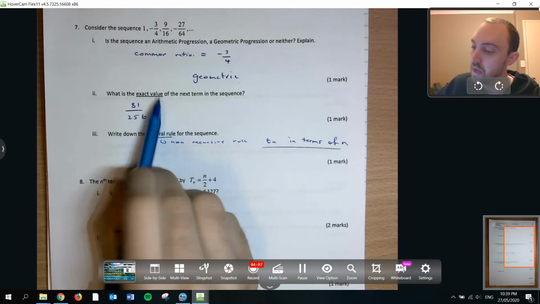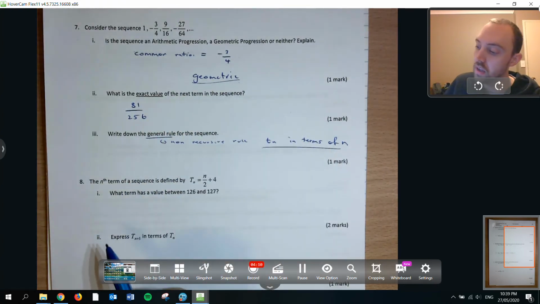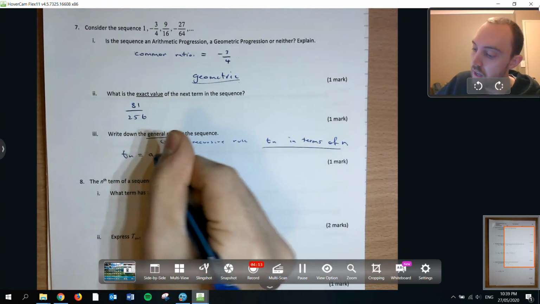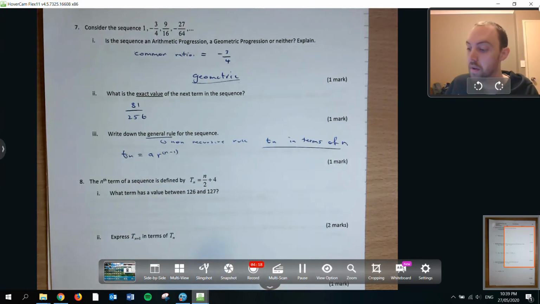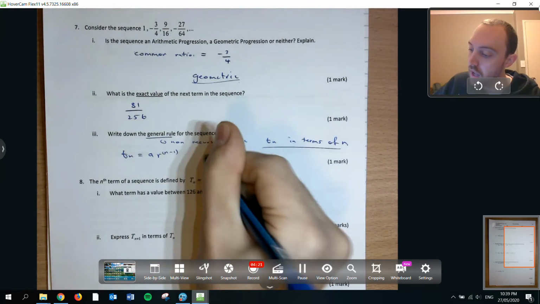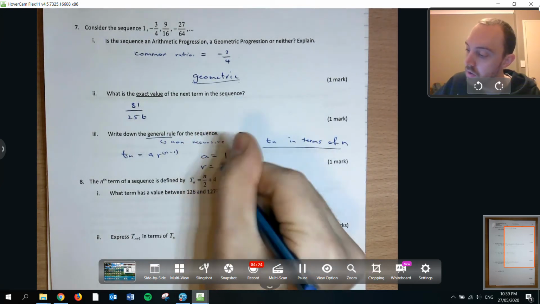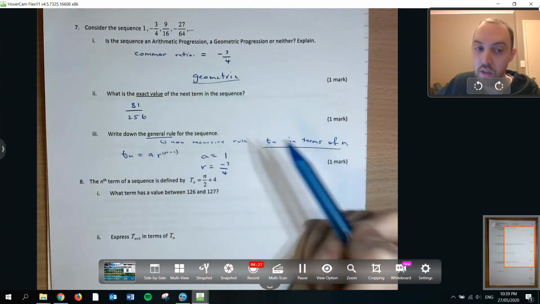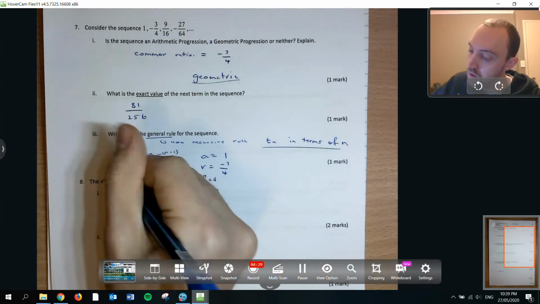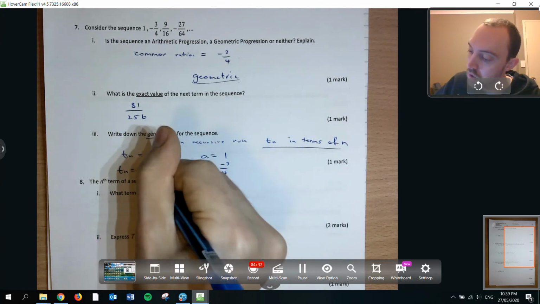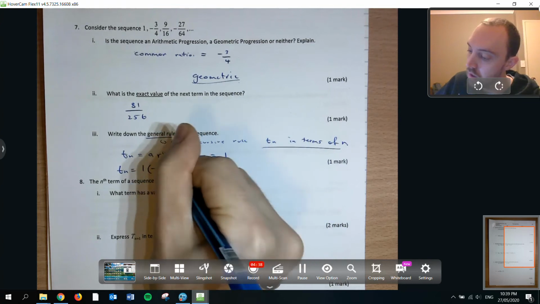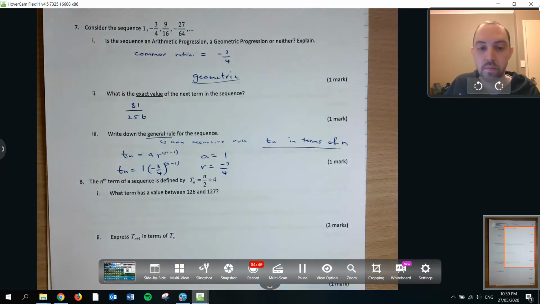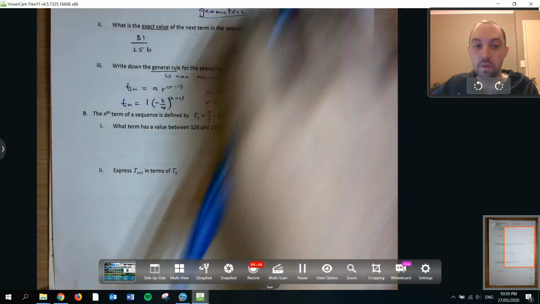So if it is geometric, which we've shown here, then Tn is equal to a times r to the power of n take 1. And we know that a is equal to 1, r is equal to negative 3/4 from part 1 of question 7. So Tn is equal to 1 times negative 3/4 to the power of n take 1. That's it. It's 1 mark. Not any need to go any further with that.